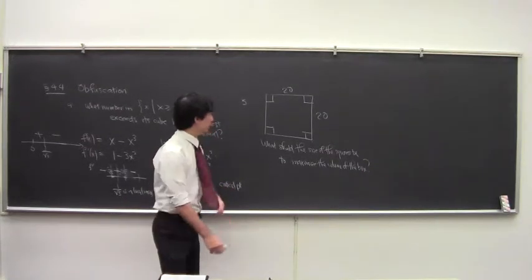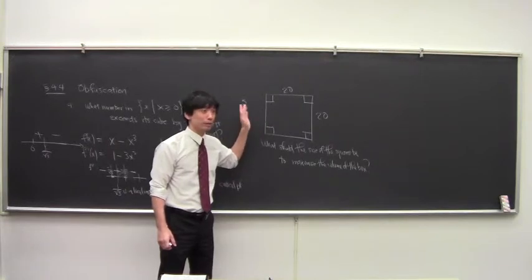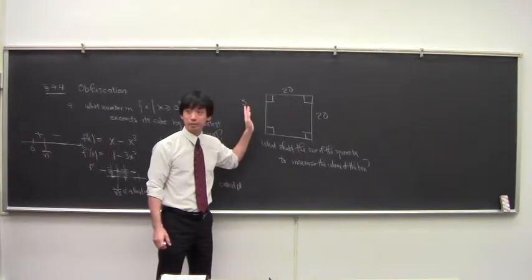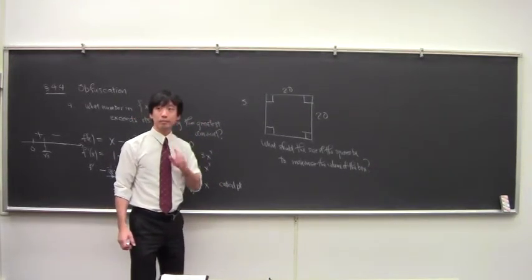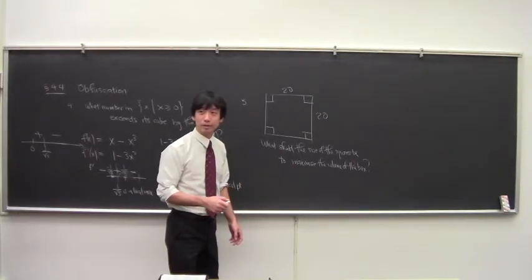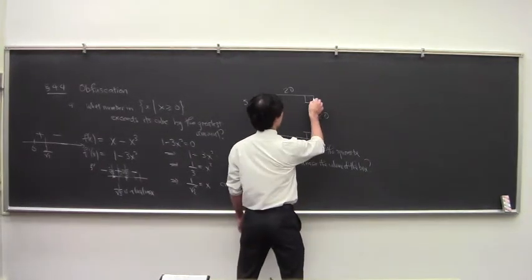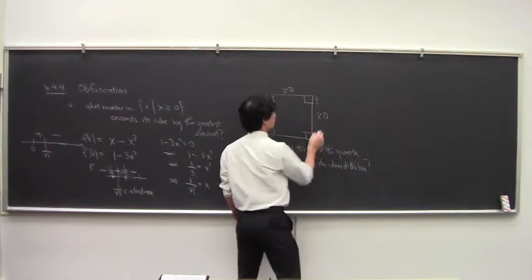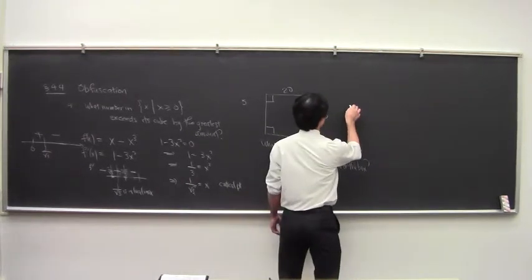Okay, so does anyone have ideas of what we should do? Yeah, Helen. Would you make a function, so like before the function is x minus x cubed, so the function here would be 20 minus 2x squared? Yeah, so you say, let's call the side length of the square x.